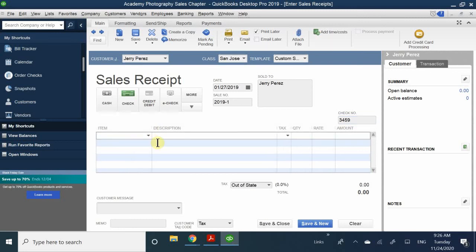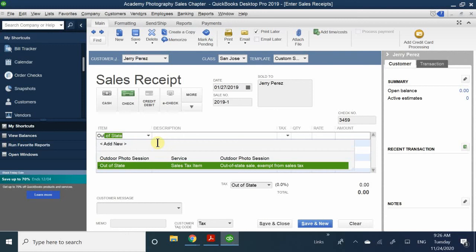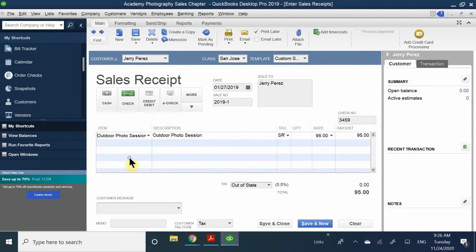Okay, so for the items that he purchased, I believe he purchased an outdoor photo session. And I believe he got 3 of those. Okay.